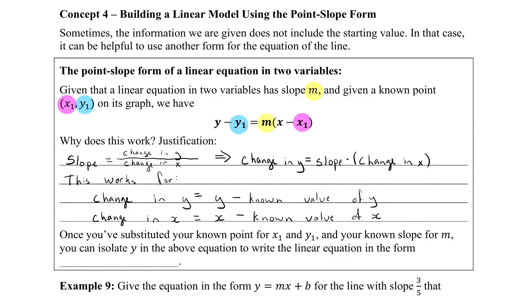So once we've substituted in our known value of x, our known value of y, and our known slope, we have now a linear equation in two variables, and we can do a little bit of algebra to isolate the value of y and to get an equation in the nice form, the slope-intercept form, y equals mx plus b.